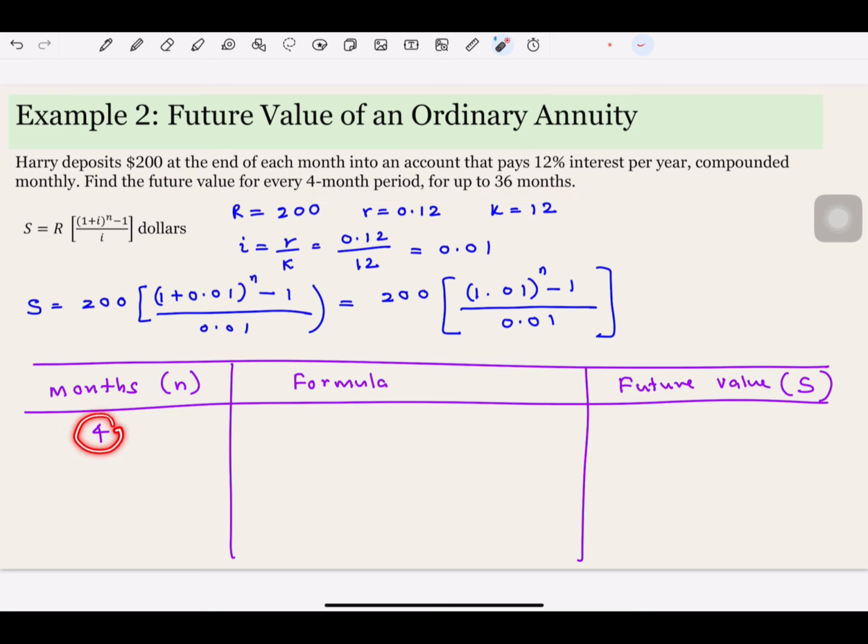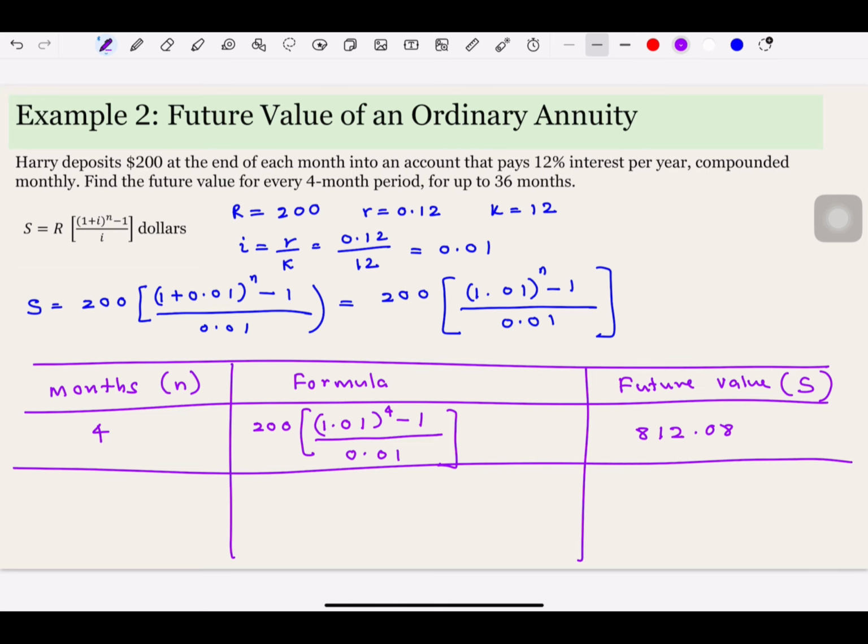So with 4, you have to plug 4 into this formula to get the future value. So 200 multiplied by 1.01 to the power 4 minus 1, divided by 0.01. This formula will give you the future value at the end of 4 months. So that is exactly $812.08.